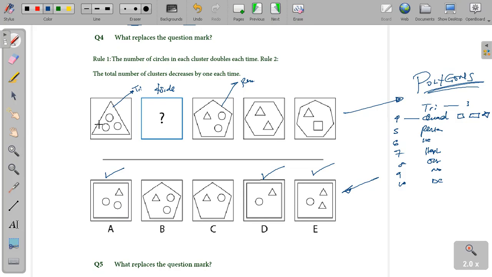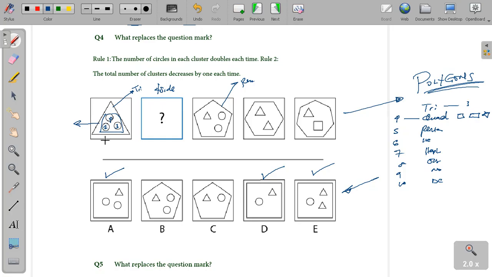Wait, this is one, two, three, four. Is that what you mean? Or three sides, but we know this one does not have any sides, right?